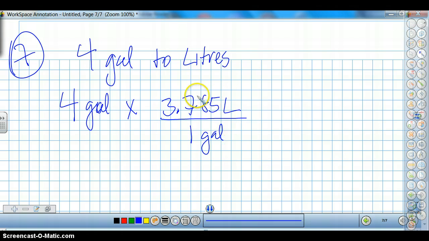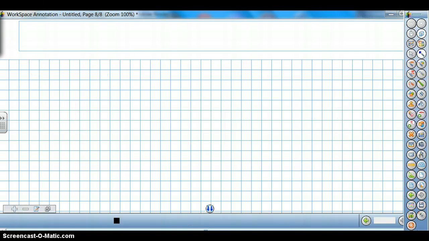Remember yesterday I told you that a gallon is equal to 4 quarts, and I said a quart was a little bit less than 1 liter, so notice how this is less than 4 liters. When you multiply these two numbers together, you get 15.14 liters.